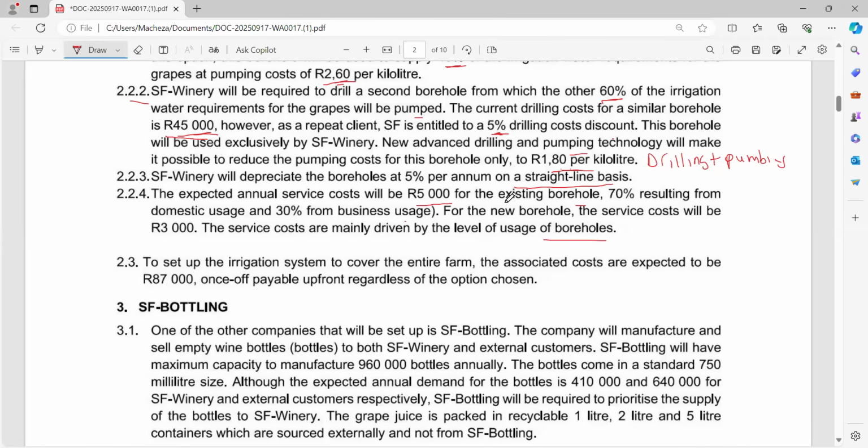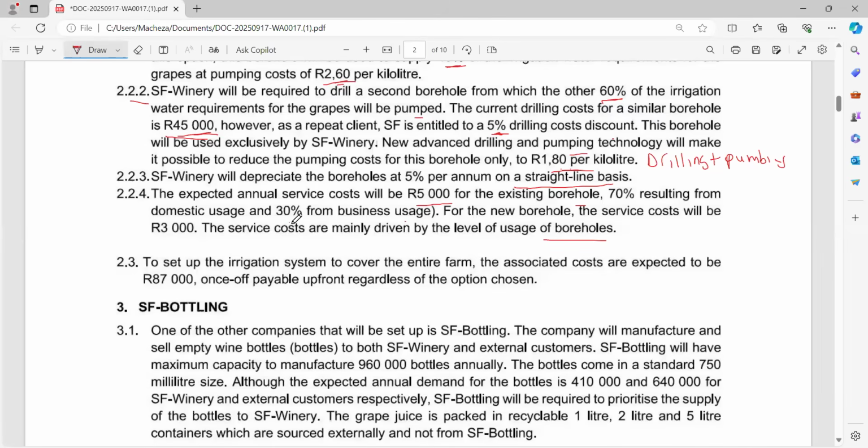What are we going to do with the expected annual cost of 5,000 of the existing bore? Well, they are now saying 70% resulting from domestic usage and 30% from business usage. What are we going to do with that service cost? We're going to add the business usage.